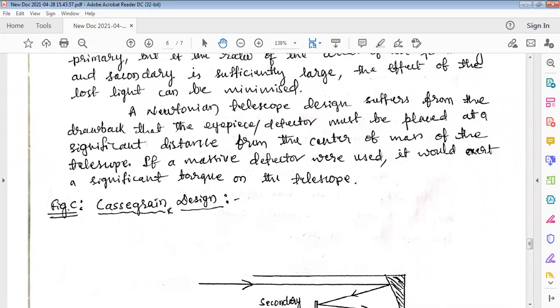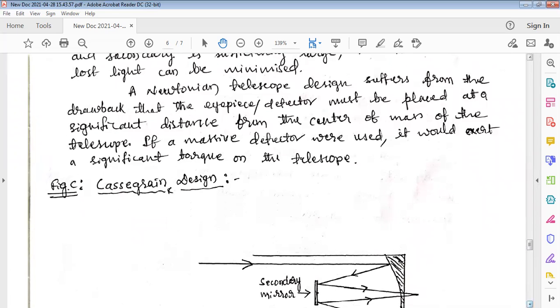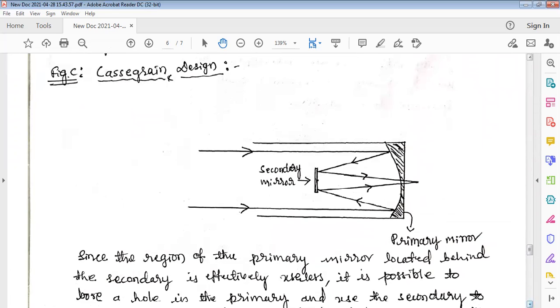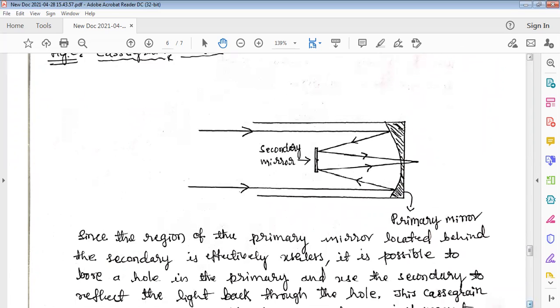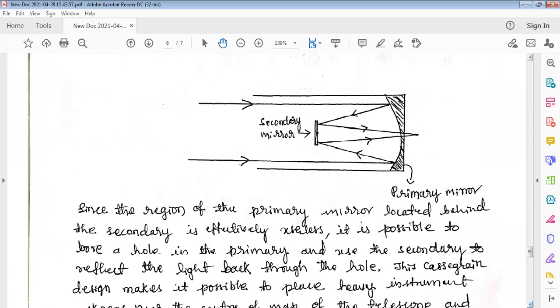We'll go to another design called the Cassegrain design. The Cassegrain design also tries to improve this problem of the reflecting mirrors.